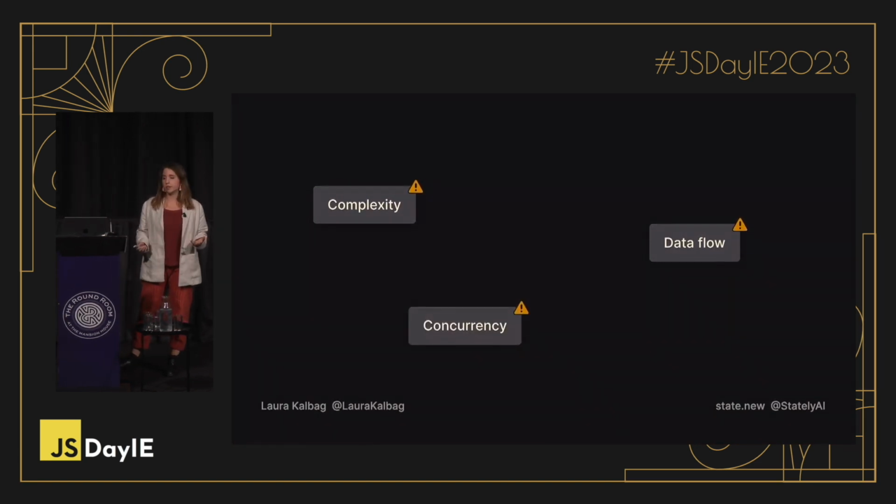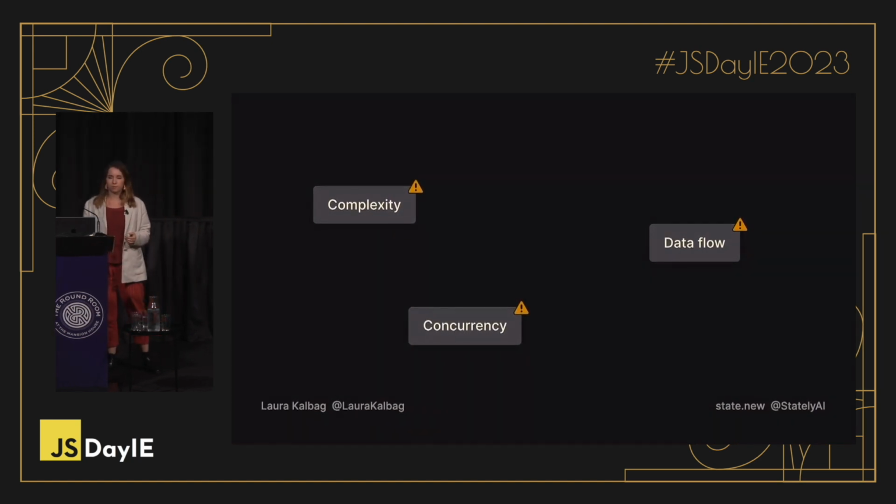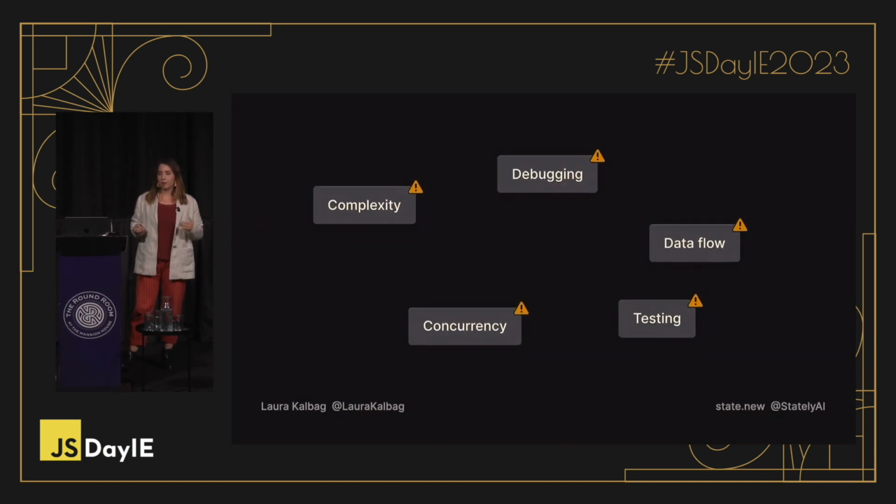And concurrency. So things that have to work at the same time. When different components are interacting with the same state simultaneously, we can really get ourselves into tricky situations. And testing and debugging. Because the more states you have, the much harder it is to isolate and reproduce those state-specific bugs. If you've used a lot of Booleans for your state, you'll know what I mean.